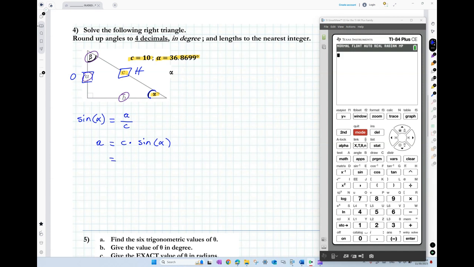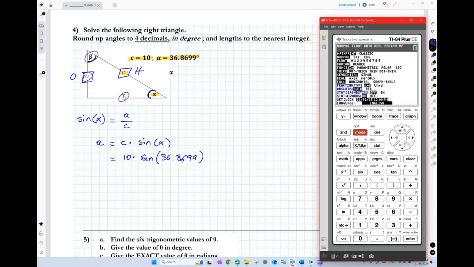And C is 10, and alpha is 36.8699 degrees. So I need to make sure that my mode is in degree. By default, it will be in radian. So make sure that you know how to have the degree mode.